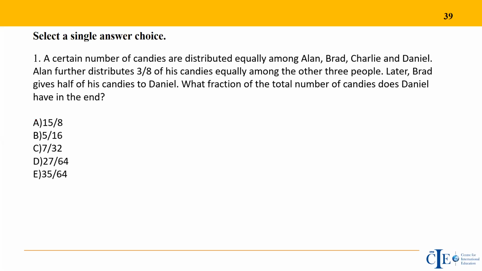Here, option one is ruled out as it's greater than one, since D over total has to be less than one, so it cannot be more than one. Now, if you look at the other options carefully, 16, 32, 64, all of these can be reduced to 64. 16 into 4 is 64, 32 into 2 is 64.